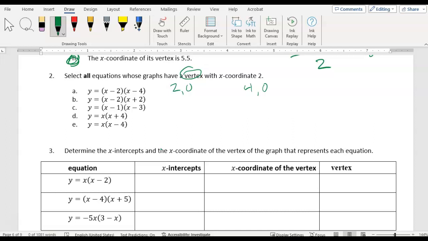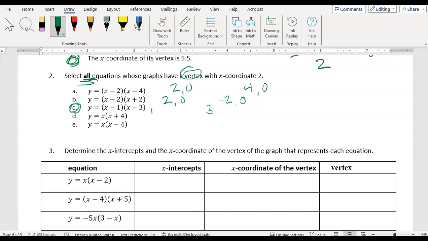Here we would have 2, 0 and -2, 0. If we add those together, you might recognize immediately that the midpoint would be 0, because 0 is directly between 2 and -2. Here we would have 1 and 3. If we add those together, we get 4. 4 divided by 2 is 2. So C looks like a possible answer.